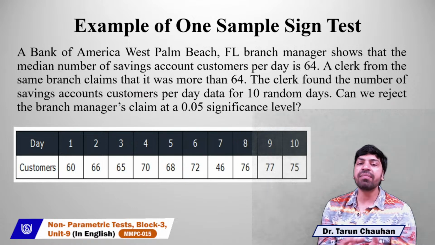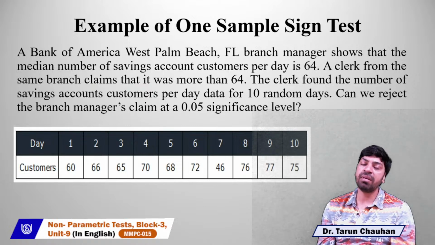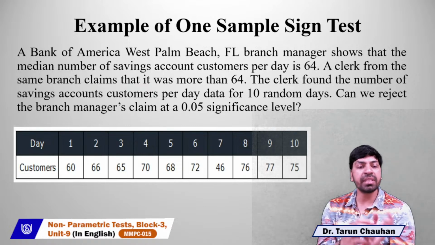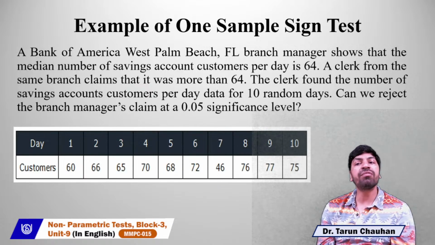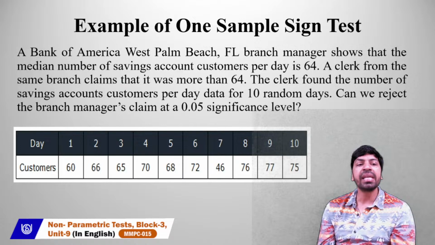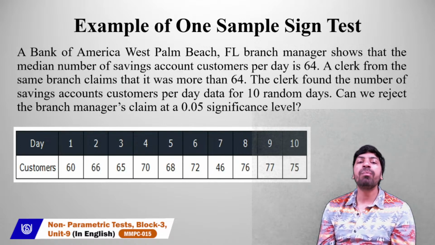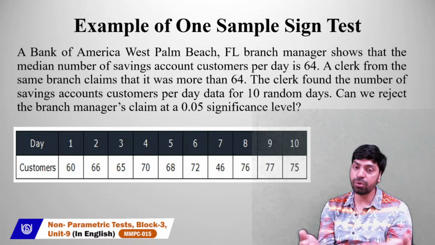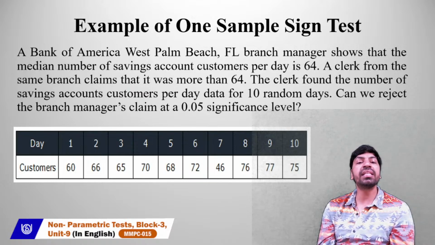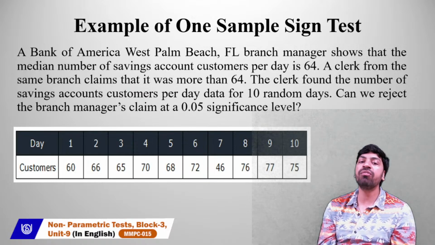The clerk found the number of savings account customers per day for 10 random days. Can we reject the branch manager's claim at a 0.05 significance level? In the question, the significance level is 0.05.